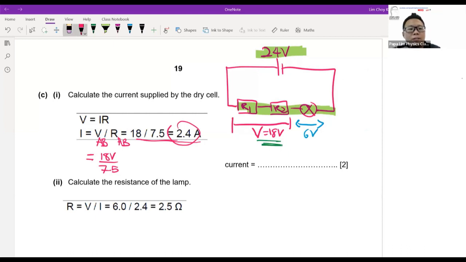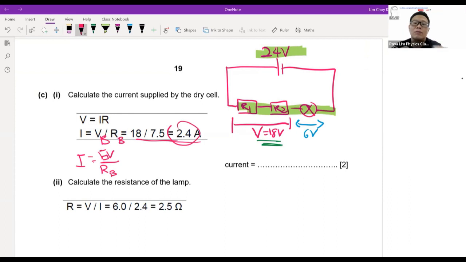The third way, although not recommended, is to use the light bulb. I can have the voltage across the light bulb divided by the resistance of the light bulb, because I know the voltage across the light bulb is 6 volts. If I have the resistance of the light bulb, I should be able to find the current flowing through the circuit.